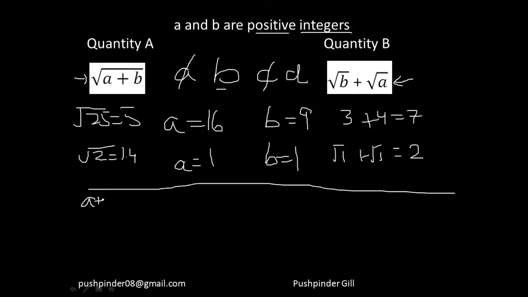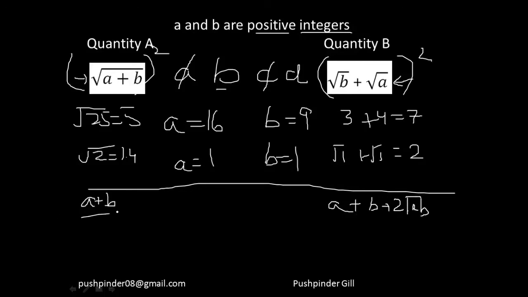So I'm squaring both sides, and this becomes a square plus b square plus 2 root ab. Now you can see this is a plus b and this is a plus b plus 2 root ab. So this will always make it bigger. So I will always get b greater than a.